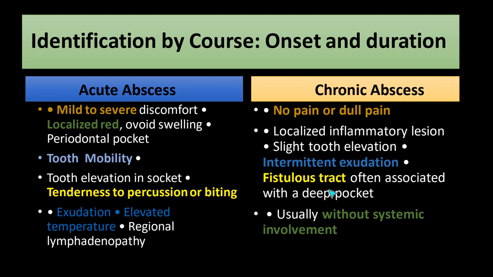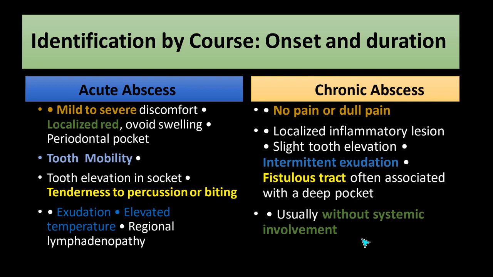There could be sinus tract formation or fistula without any systemic involvement, which means there is no fever and no lymphadenopathy. These are very important points to differentiate between acute periodontal abscess and chronic periodontal abscess.